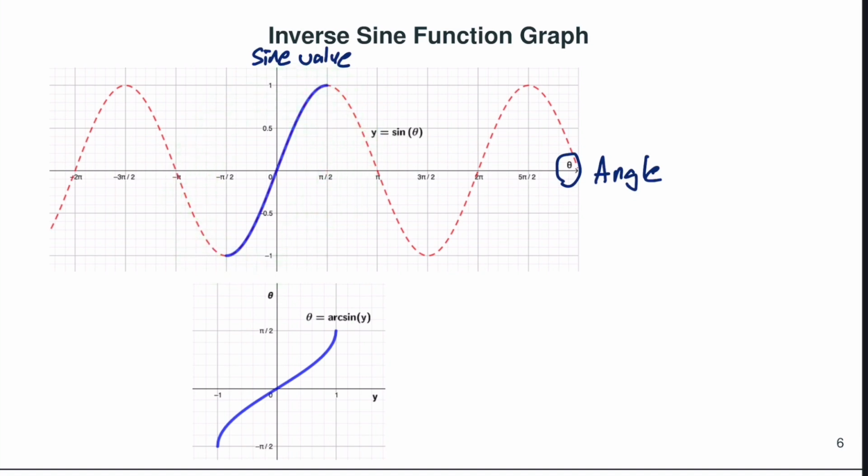What happens is that we're switching the domain and range. So now this angle right here becomes the y-axis for the inverse function. Here's the sine inverse function, arcsine, the bottom graph. As you can see, the y-axis is now the angle, and the x-axis is the sine value.